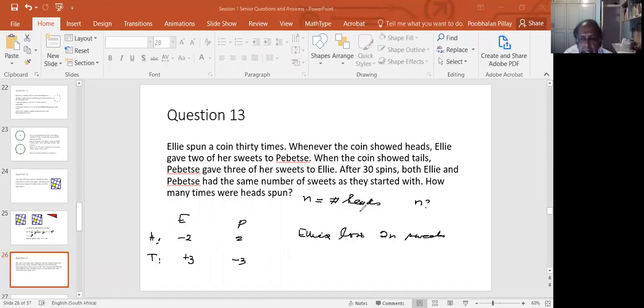So after n heads, she lost 2n sweets. Now, the coin was spun 30 times. So if there were n heads, the remaining ones should have been tails. So how many tails are there? Altogether, there were 30 spins. So there should have been 30 minus n tails. Right? So Ellie lost 2n sweets, but she gained by the tails. And Ellie, she gained.